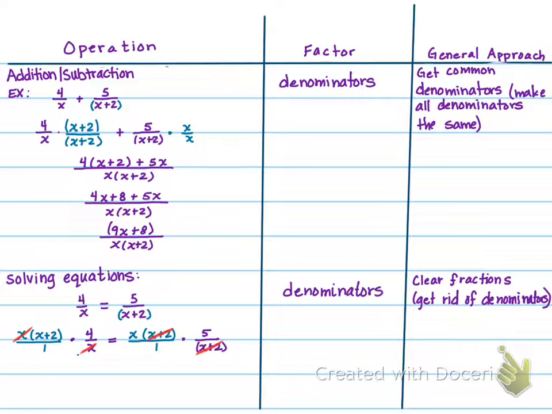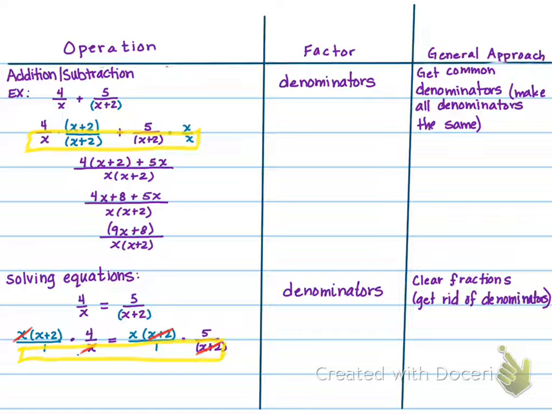So again, the big difference that you should see as you're doing this is that after this multiplication, notice that in this problem, now my denominators are the same, whereas in this problem, now the only denominators I have are 1s, right? So I've gotten rid of my denominators as opposed to making them the same.